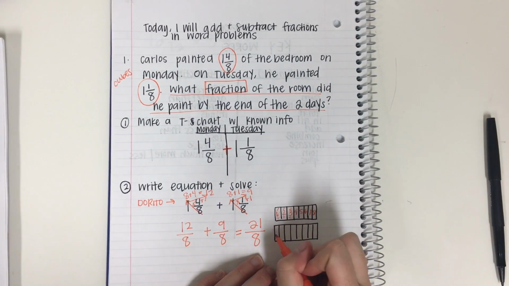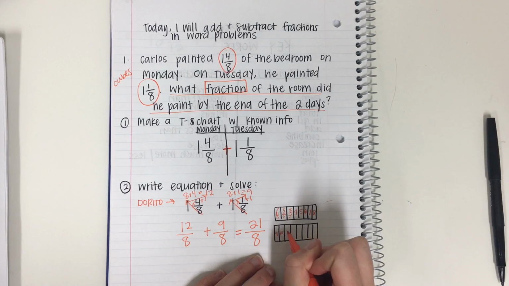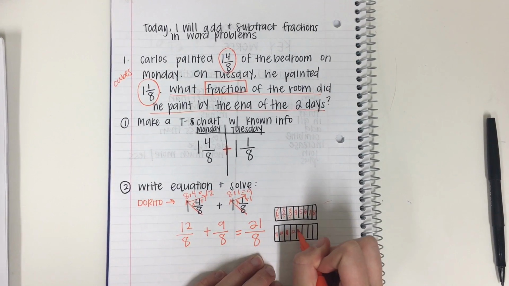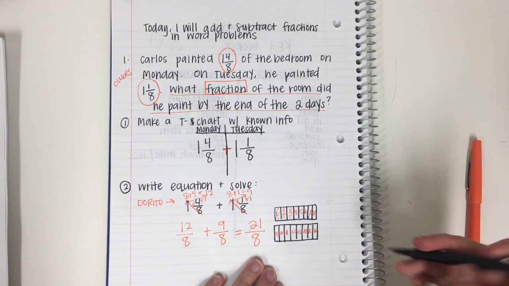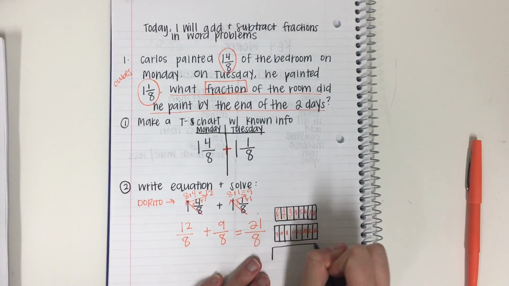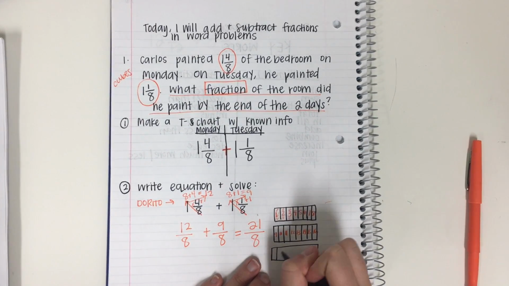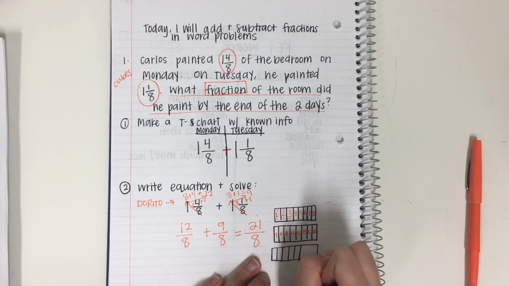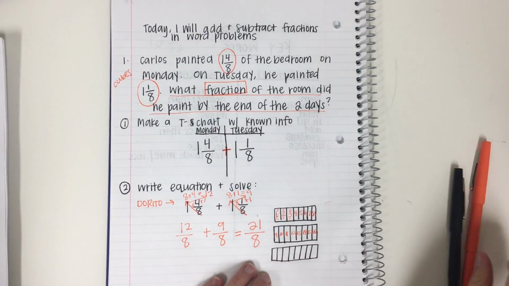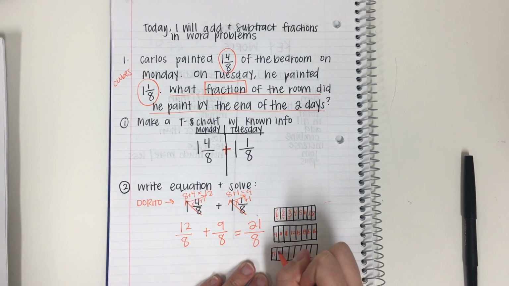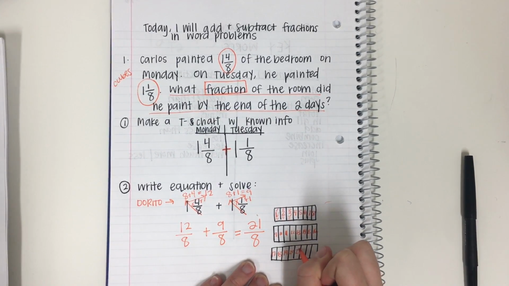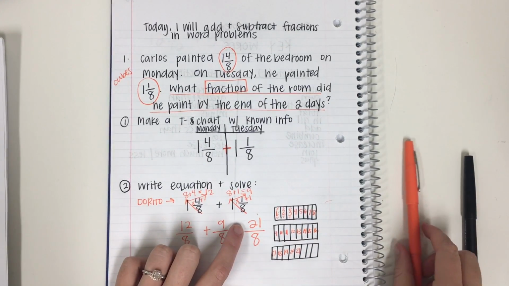I need to color in 9, 10, 11, 12, 13, 14, 15, 16. Am I at 21 yet? Nope, I'm close. I gotta draw one more. 1, 2, 3, 4, 5, 6, 7, 8. I'm on 16 shaded, so I have 17, 18, 19, 20, 21. Okay, I've shaded my 21.